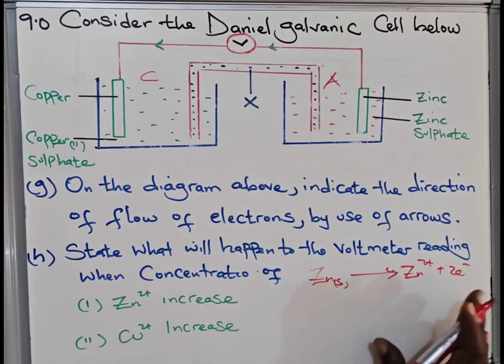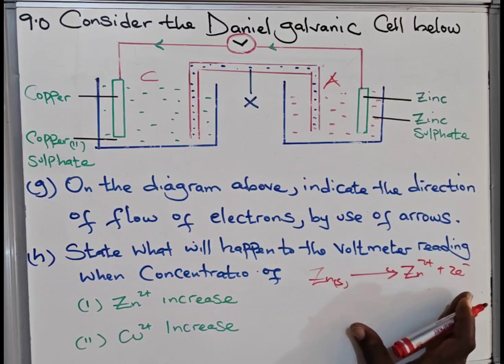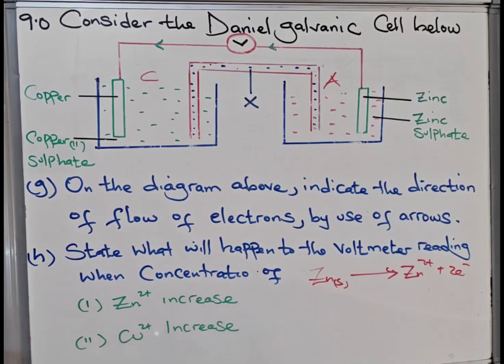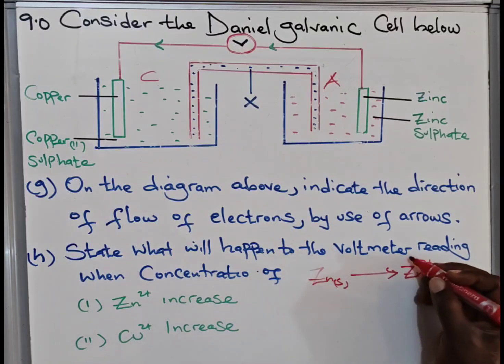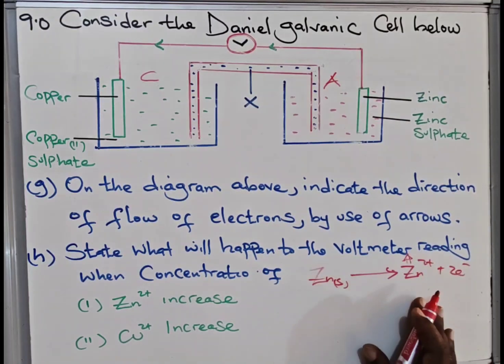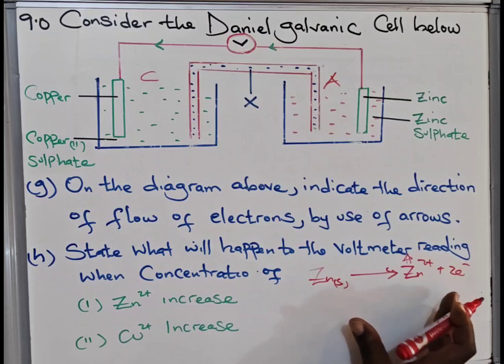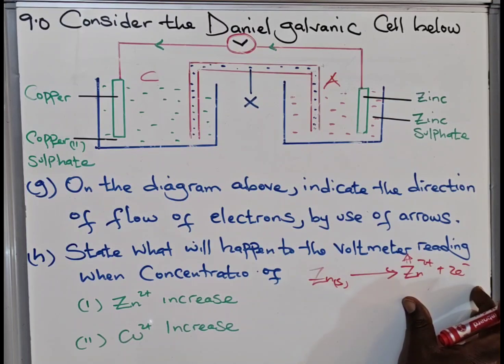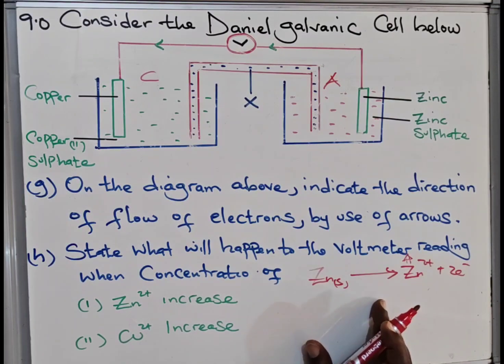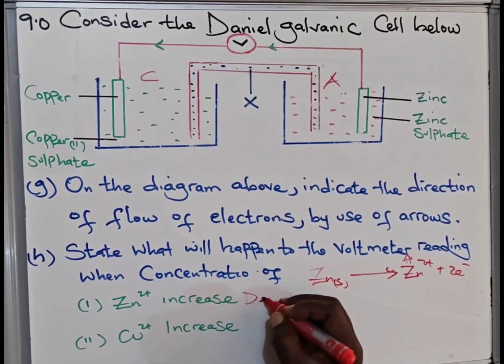Now I need you to understand here we borrow knowledge from equilibrium. So in other words, we are increasing zinc ions. And the question is, in terms of equilibrium, which direction is going to be favored? When you increase a product, it's the reverse direction which is favored. And every time reverse is favored, the implication is that voltmeter reading will decrease. So here the answer will be decrease.